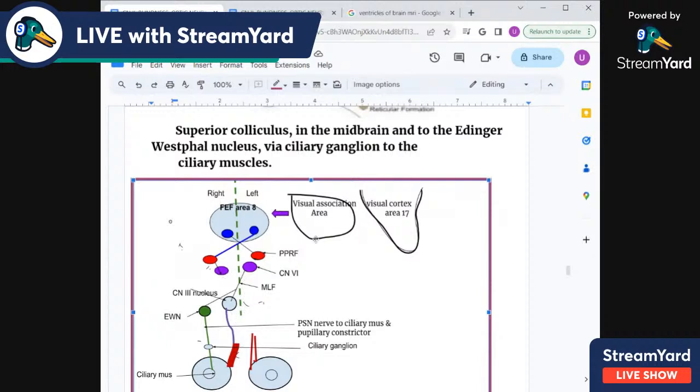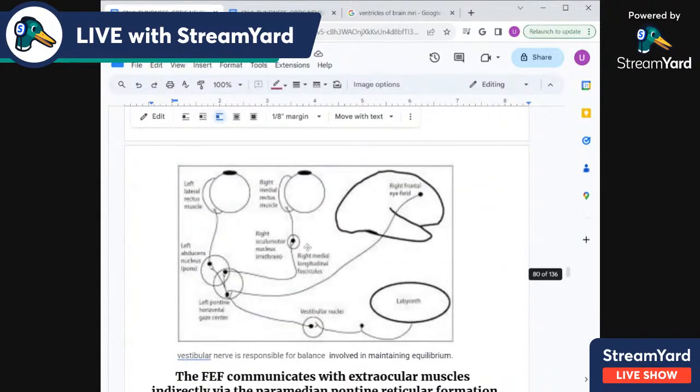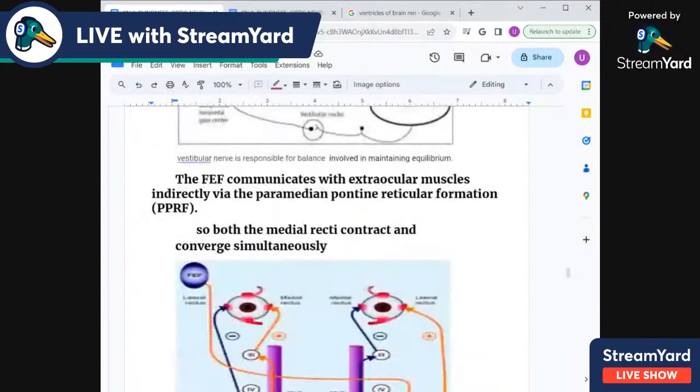So from visual, let me see that picture here. This is the frontal eye field connected to the PPRF, and then PPRF to the ipsilateral abducent nucleus that supplies the lateral rectus ipsilaterally. And then this is also connected through MLF, medial longitudinal fasciculus, to the third nerve nucleus, to the medial rectus muscle.